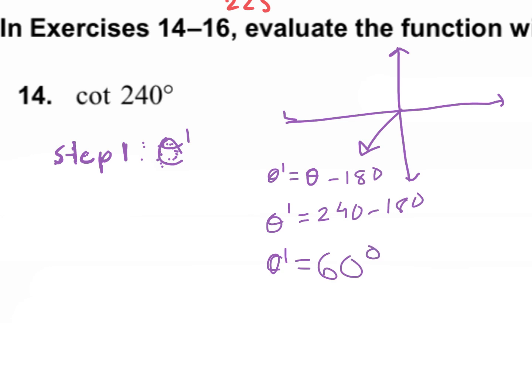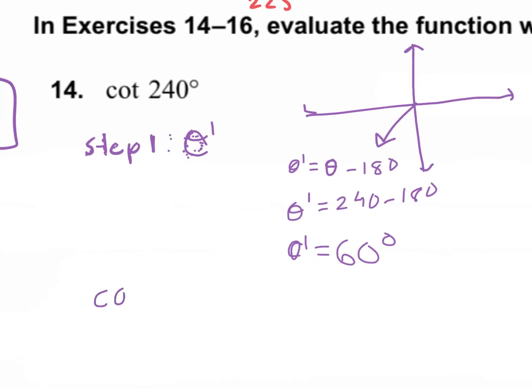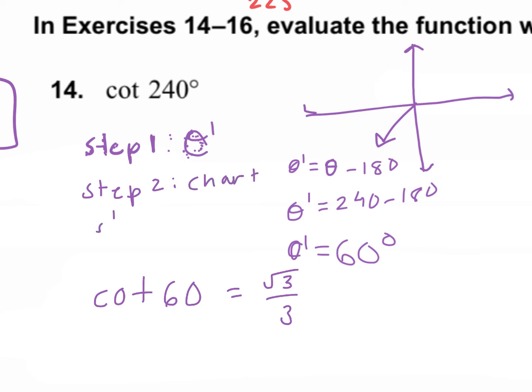What's step 2? Look at the chart. So on our chart from 9.1 notes, what's the cotangent of 60 degrees? Square root 3 over 3. So step 2 is the chart. And what's step 3?